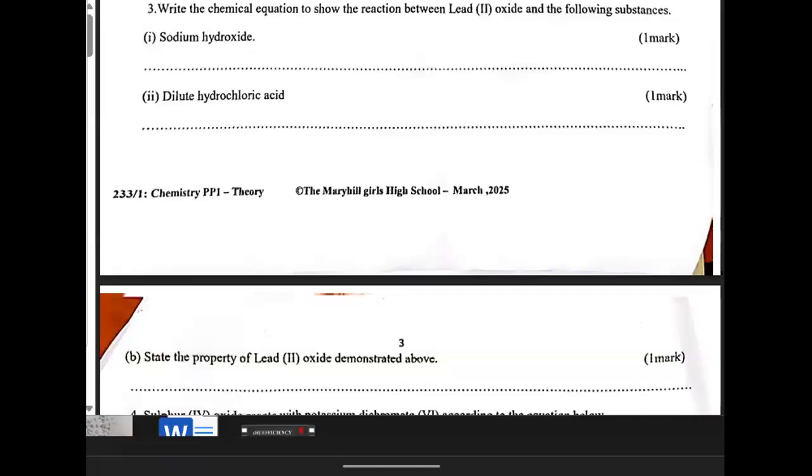PbO plus NaOH. The product is Na2PbO2 plus water. Then you put a 2 in front of sodium hydroxide.